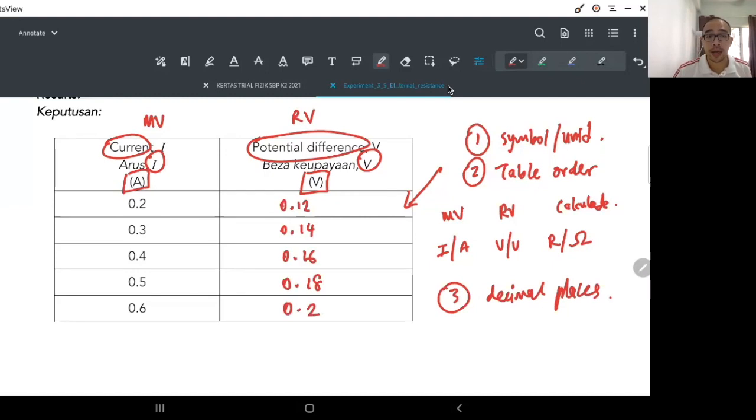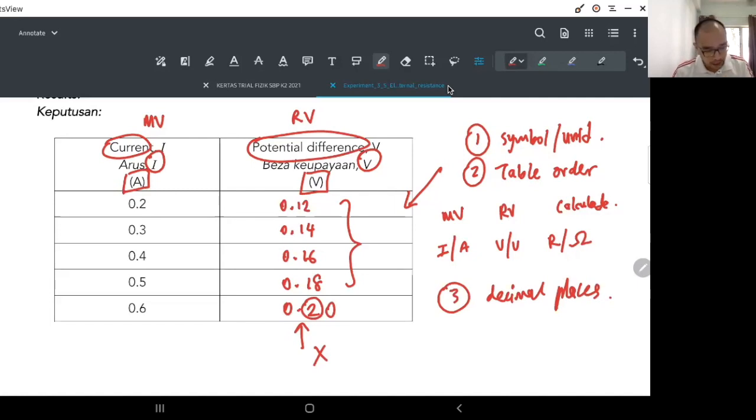Example. Okay, this is wrong. Why? Because everything is 2 decimal place, and then suddenly this 2 is 1 decimal place only. So you need to add a 0 behind to make 2 decimal place.